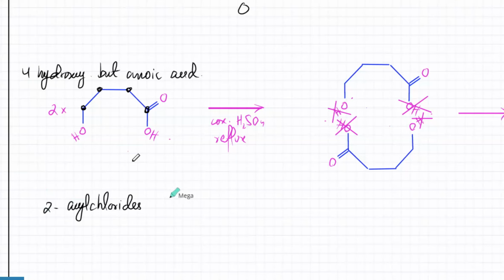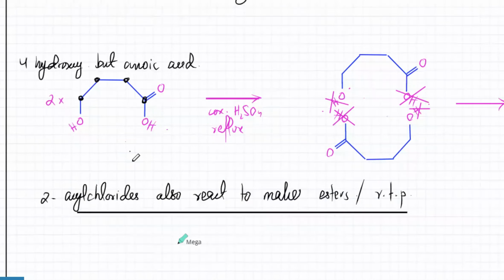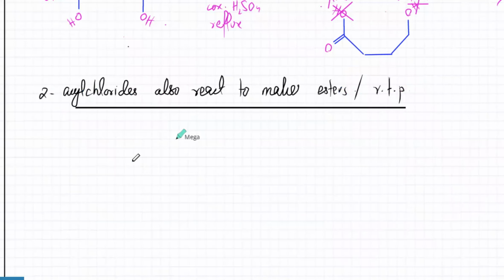So acyl chlorides also react to make esters, and they do that at room temperature with alcohols. Because remember, acyl chlorides have much faster reactions. We did discuss why they would have faster reactions.